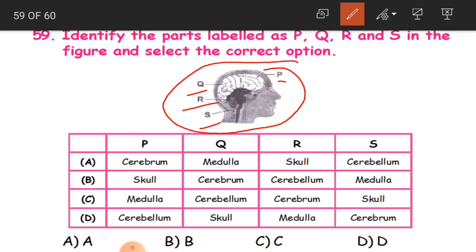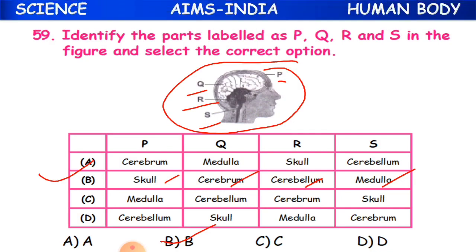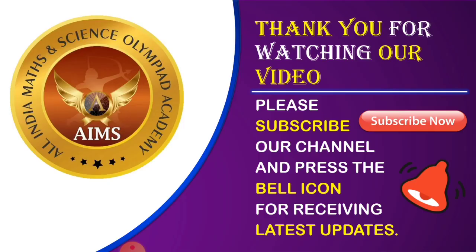P is the cerebrum. No, sorry. P is the skull actually. And then Q is the cerebrum. R is the cerebellum. And S is the medulla. According to that, B option is the correct answer. Clear children? So this is how you have to find out.